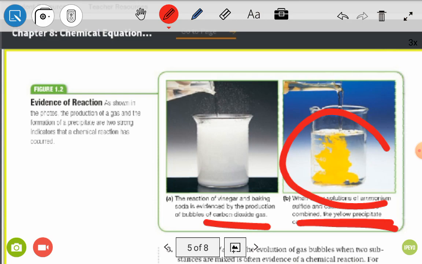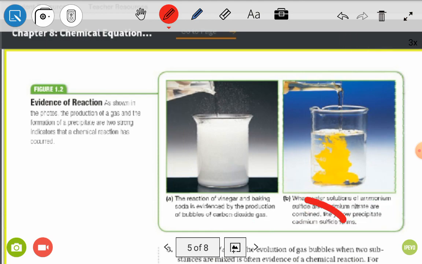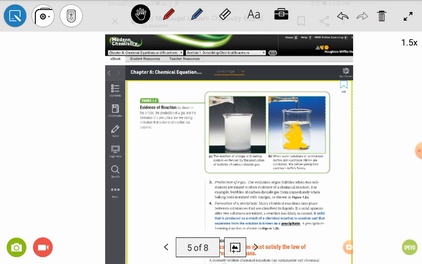So we can say the first indicator is the evolution of energy or heat, like what happened in the first equation. And in the second one, the color did change, like what we have here with cadmium sulfide, or even producing a gas like carbon dioxide from such a reaction. Okay. Let's proceed to the next part.